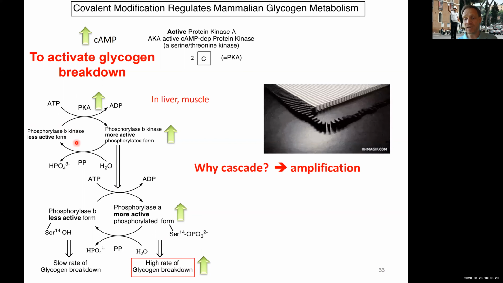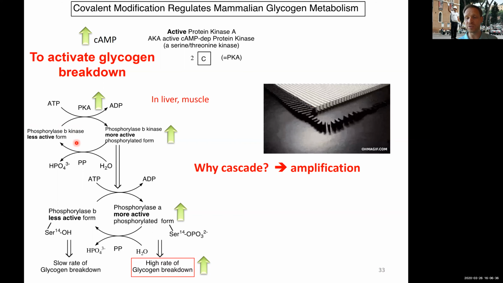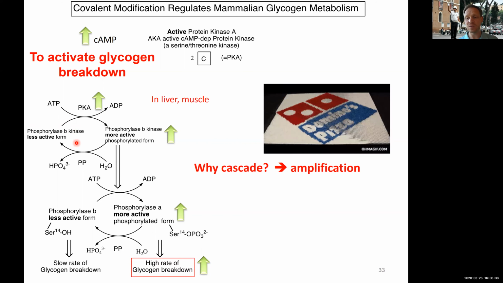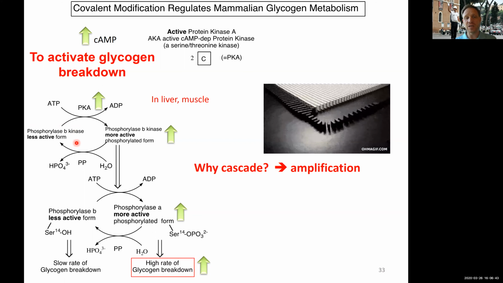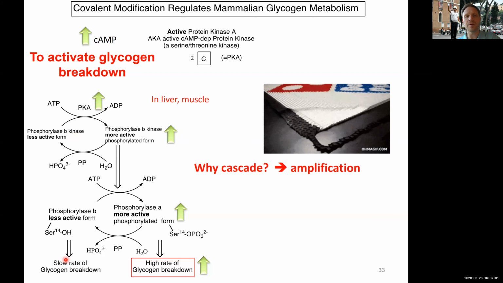And each of those activated kinases can again increase the activity of a whole number of phosphorylases, and so forth and so forth. So you have this avalanche effect, which means that the activation process can happen much, much faster than if you were only using one single kinase. So this is actually a very common system that we're using for signal transduction. Some of you may have heard about MAP kinases in signaling pathways, and it's working exactly the same way there.